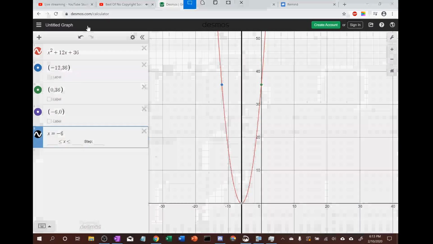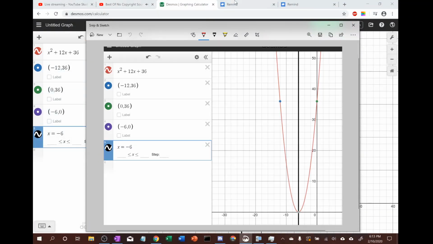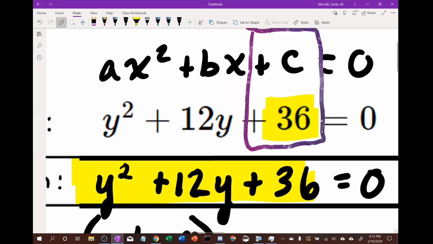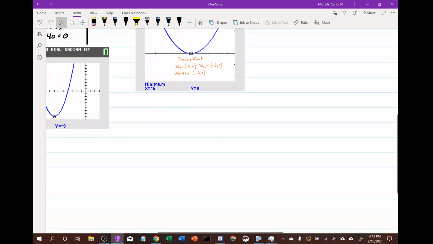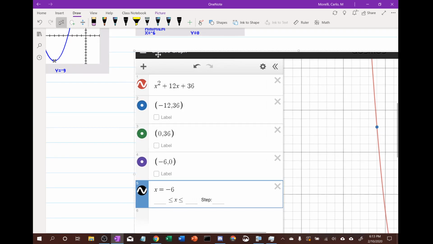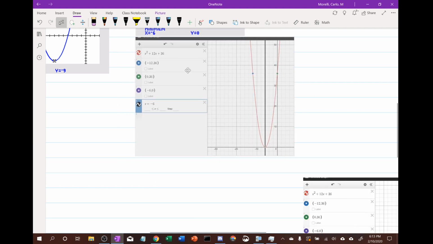Just going to take a screenshot of this so you can see it all. And I'm going to put it in OneNote underneath this problem. Here we go. Let's paste it right here. Let me move it up here.